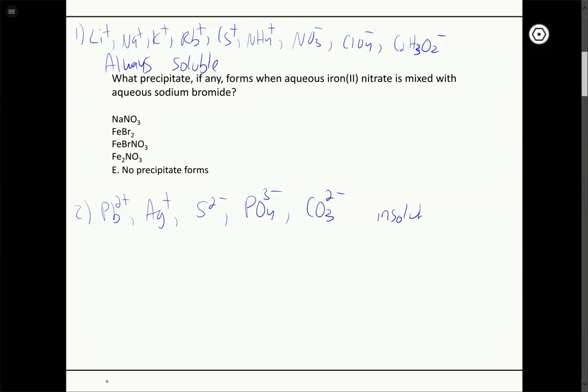And the only exceptions are if they're paired with one of those other cations or anions that are always soluble.